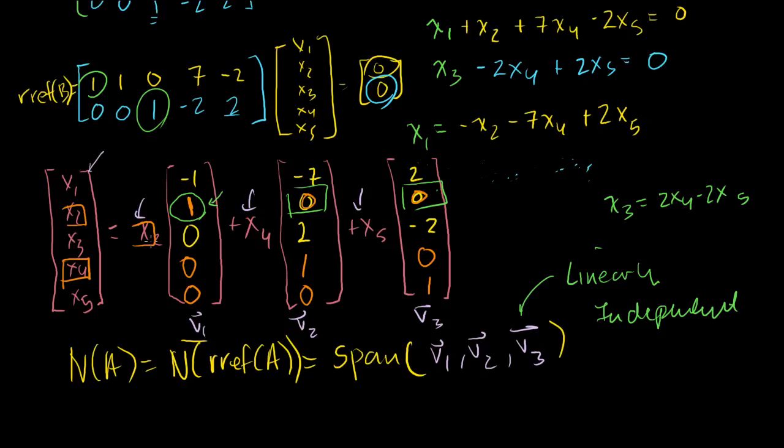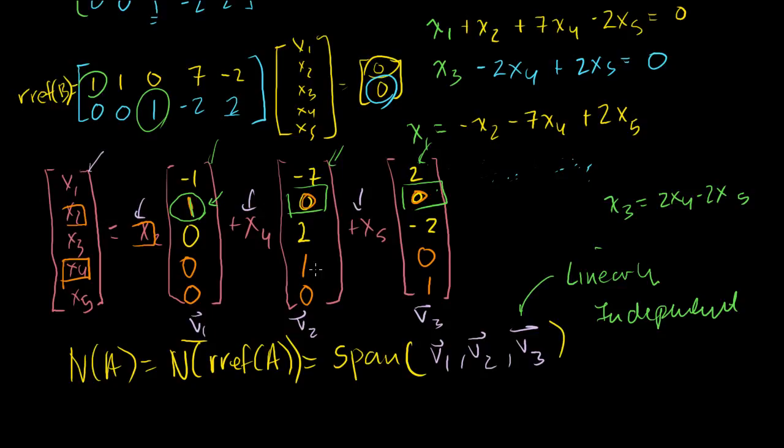For any free variable, if this free variable represents a second entry, we're going to have a 1 in the second entry here, and then a 0 for the second entry for all of the other vectors associated with the other free variables. So can this guy ever be represented as a linear combination of this guy and that guy? Well, there's nothing that I can multiply this 0 by and add to something that I multiplied this 0 by to get a 1 here. It's just going to get zeros. So this guy can't be represented as a linear combination of these guys.